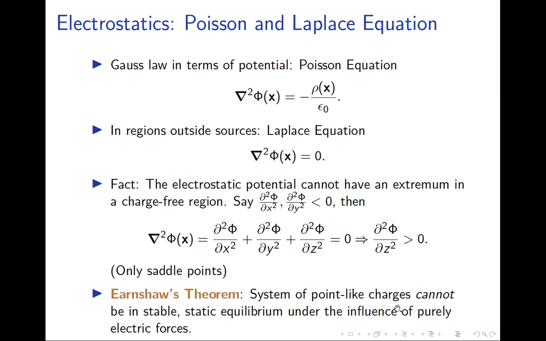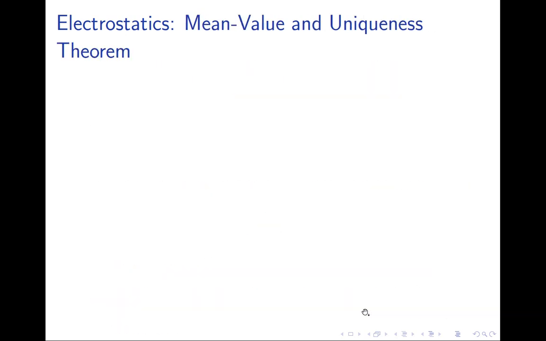So a system of point charges under electric forces on their own will never reach a stable static equilibrium. It will always keep on moving or evolving. This is a physical fact which follows from the math of the Laplace equation. Basically, this is the proof of it. It doesn't need a huge amount.